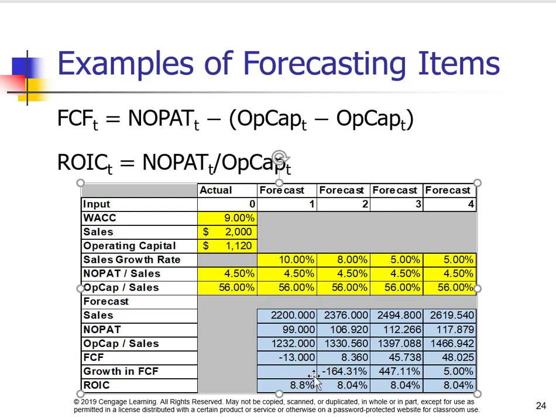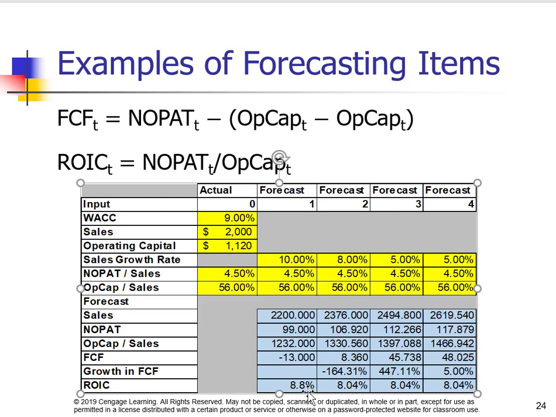So over a year, from year 1 to year 2, grows negative 164, 447, then 5. So we can see that the actual growth in free cash flows from year to year varies wildly, right? It can have some very big swings. We also want to be able to calculate the return on invested capital.